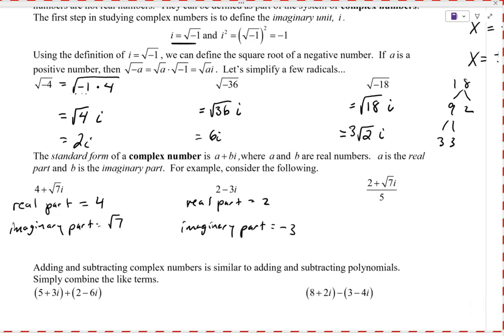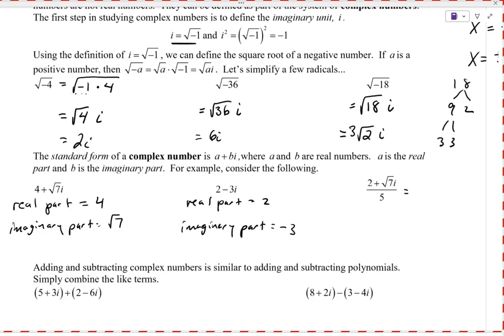In the last one, look, we have this whole thing all over a 5. So if you want to identify the real part and the imaginary part, I've got a 2 over 5, and I have a root 7 over 5. So that 5 is going to be included in both parts.